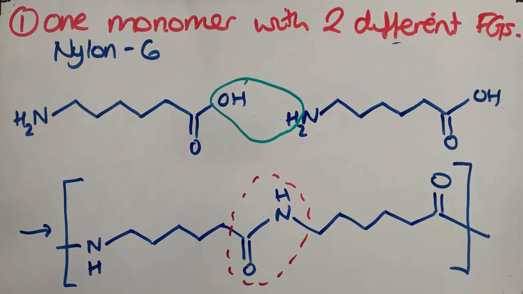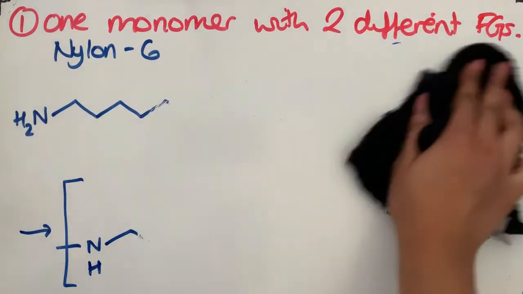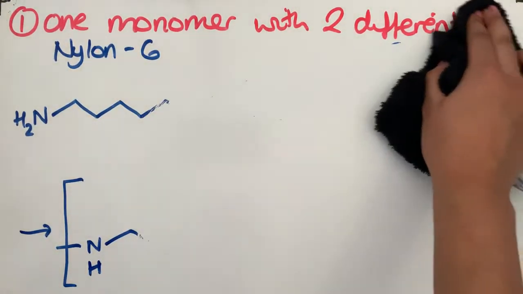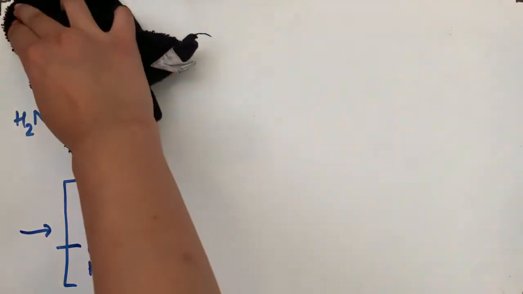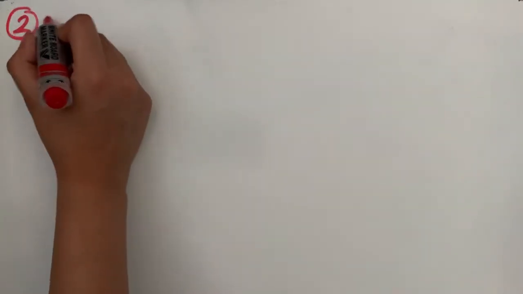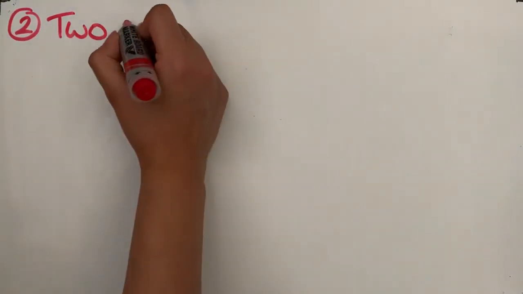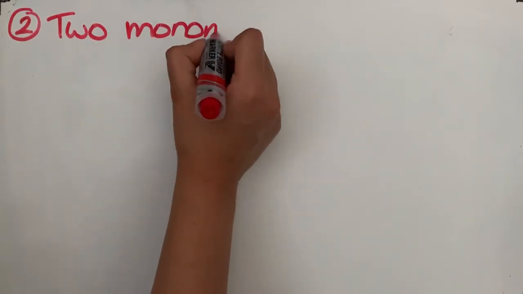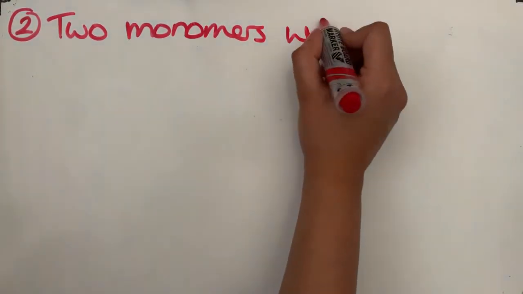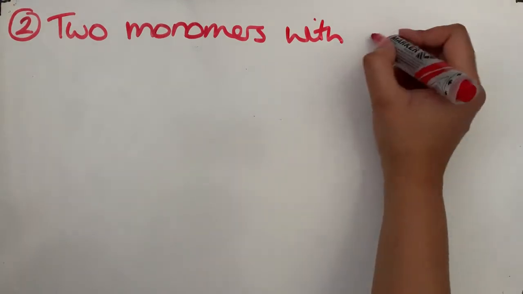Right, let's now have a look at the other type of polyamide that we can form. So this is the one where we have two different monomers. So you have two monomers and each has a different functional group.